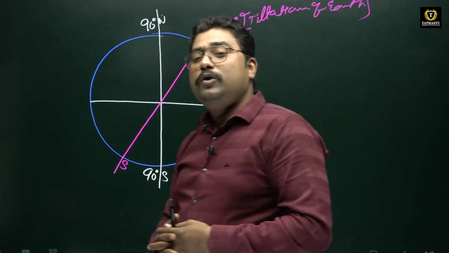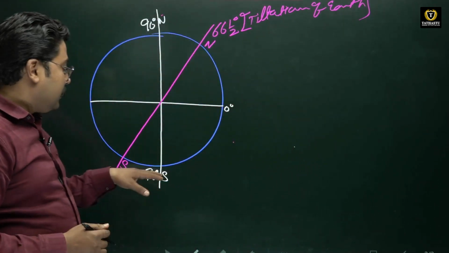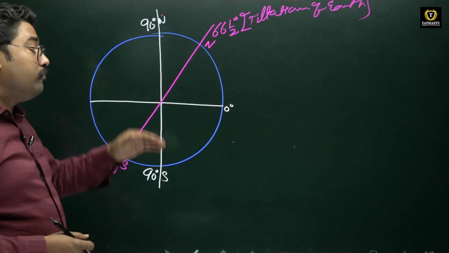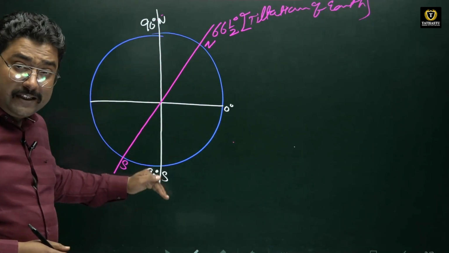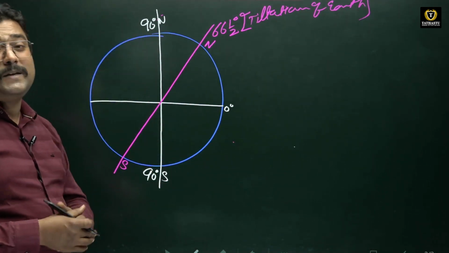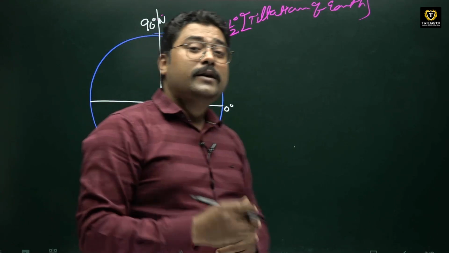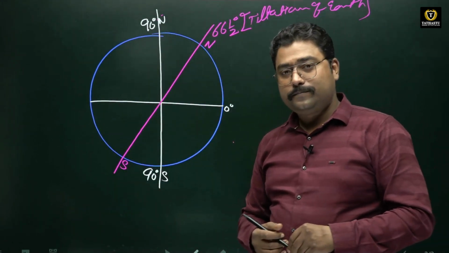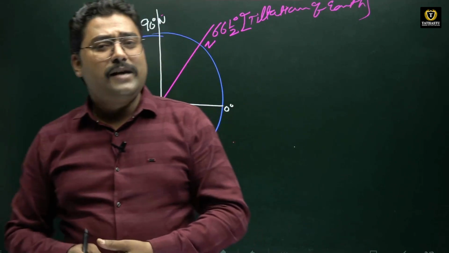On the world map you will see that magnetic south is present in Antarctica and magnetic north is present in the northern part of Canada, near Prince Charles Island.